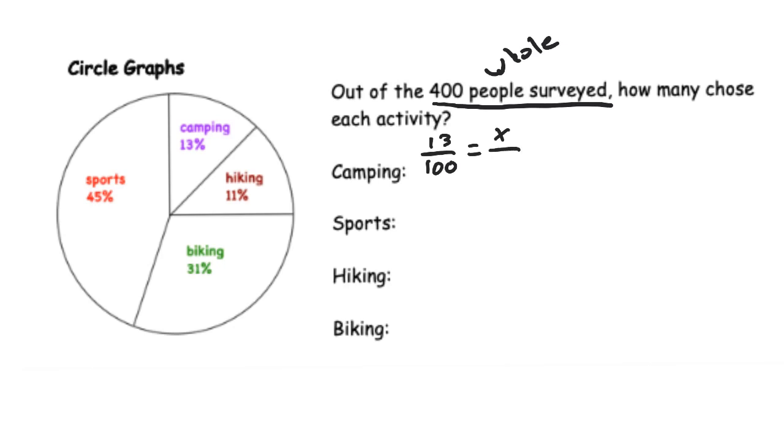Now it tells us the whole is 400 people. Now, this one has a nice connecting number. If you look at this, this is just going to be times 4. To go from 100 to 400 is times 4. So you can just take 13 times 4, and that will get you your answer. So 13 times 4, type that in your calculator, you get 52 people.